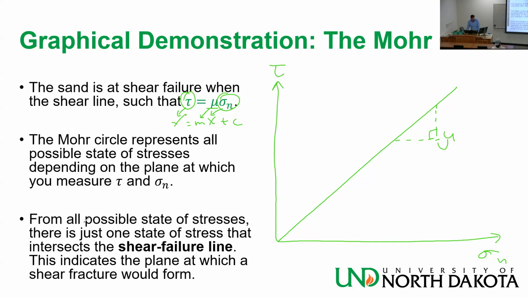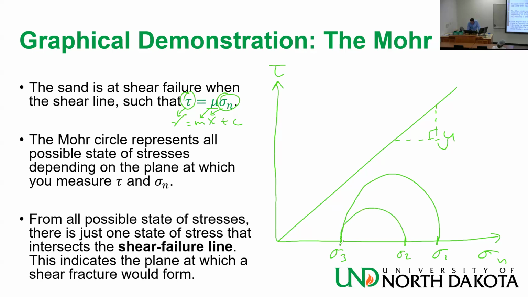Now I need to add my stresses, okay? And I only care about two stresses: sigma 1, the most compressive, and sigma 3, the least compressive. I don't really care about anything else. And I drew a circle like this. Let's just say sigma 2 is here.